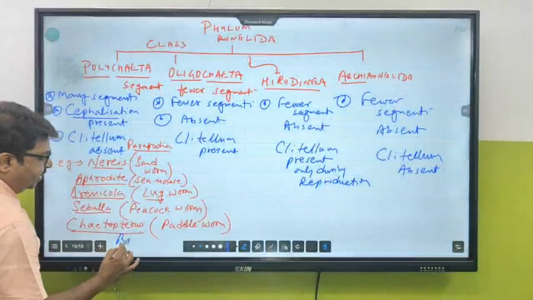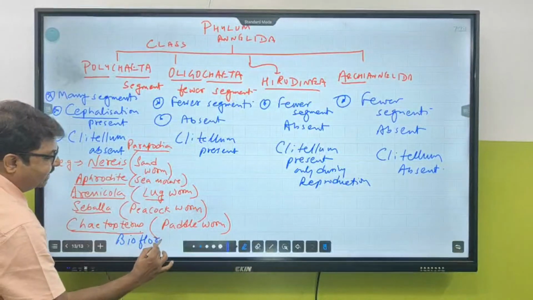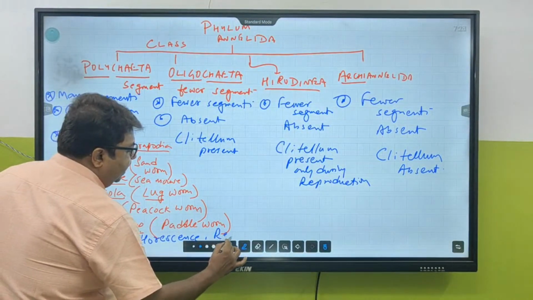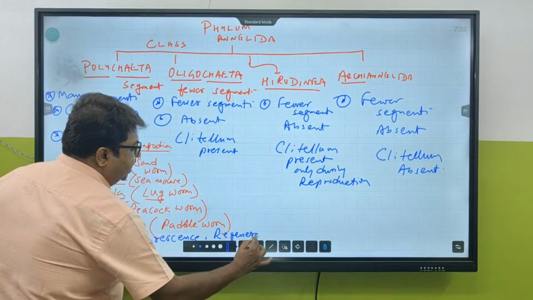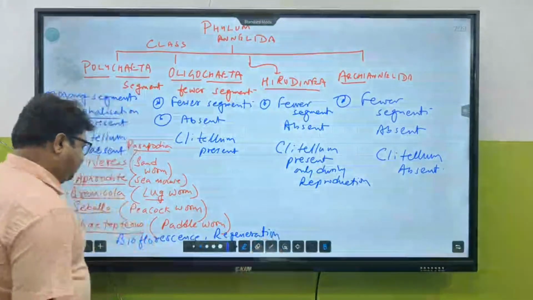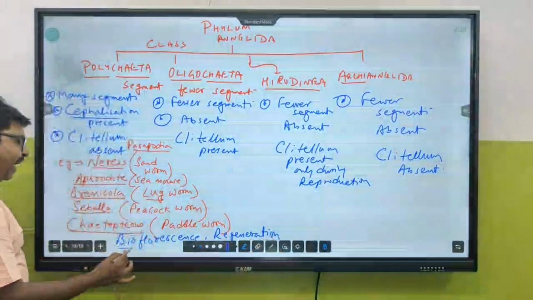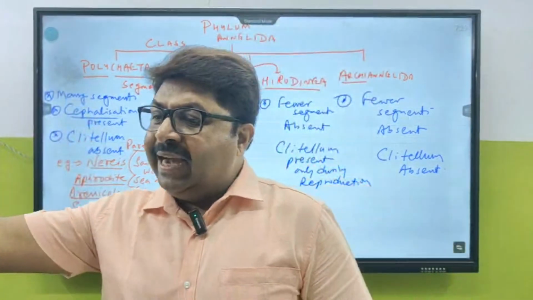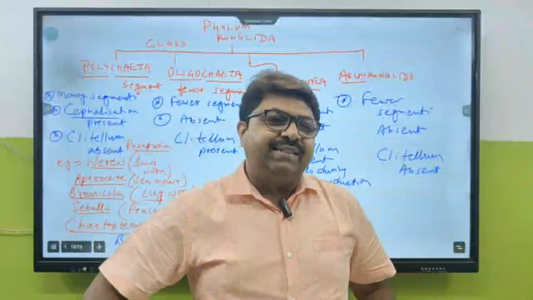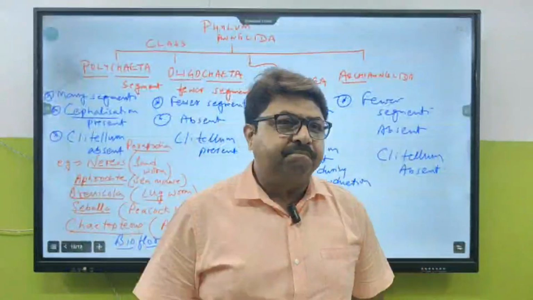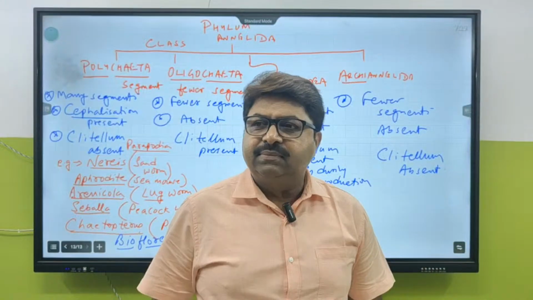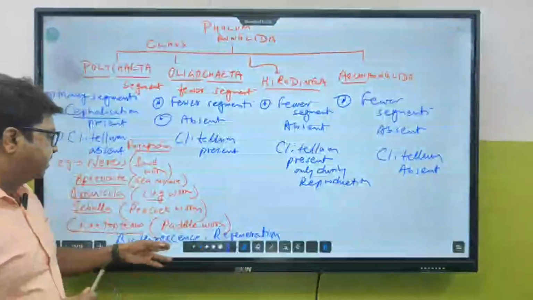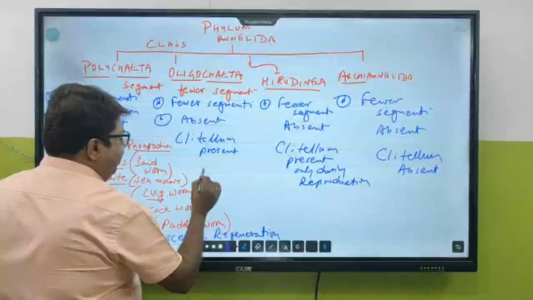They show multiple colors. Biofluorescence, and also they show a huge level of regeneration. They don't emit light by themselves; when light falls on them, they just radiate different lights. Is this clear? So they show biofluorescence. Next, come down to Oligochaeta.